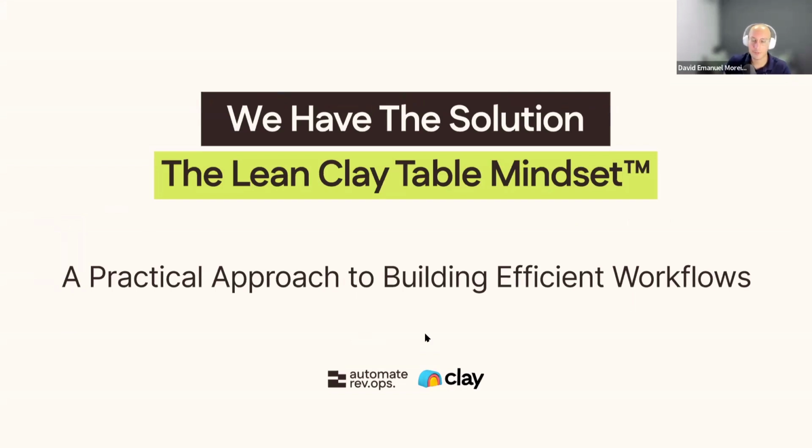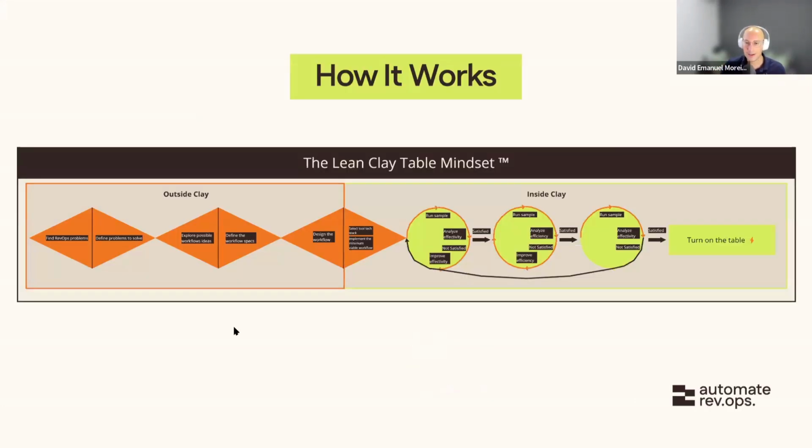We call it the lean Clay table because it's related to the lean startup methodology. That means that we first need to build something that works as a minimum viable product, and then iterate on it and upgrade it. So this is the workflow itself. I will show you step by step, but as you can see, it is not only on Clay.